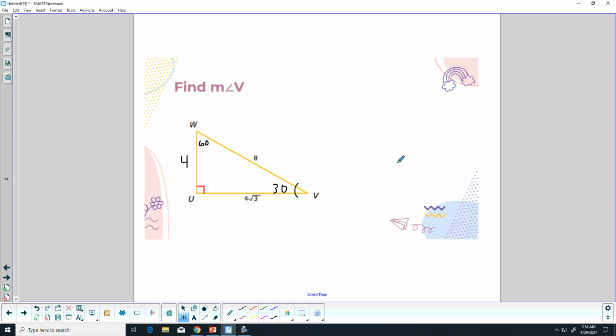And I just looked at the ratios and based kind of on the last problem. This is my short leg, and it could be 4, and the long leg is the short leg times radical 3. So to find the short leg, I just divided that by radical 3, and the hypotenuse is twice the short leg.